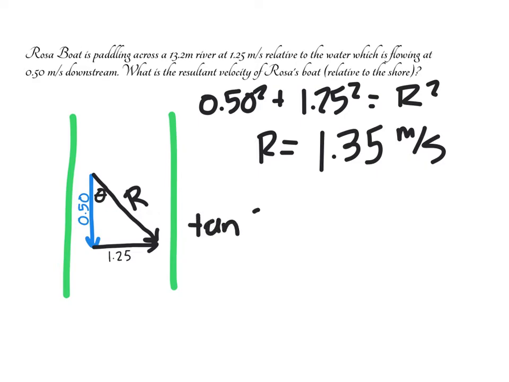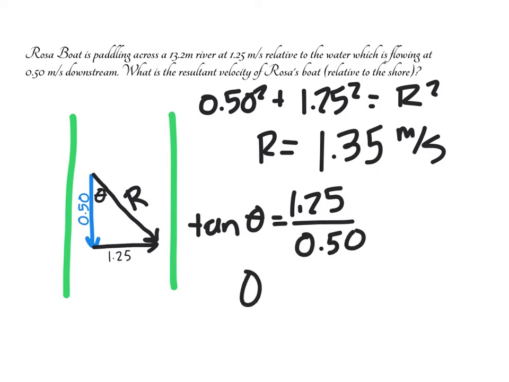You could use sine, cosine, or tangent. It doesn't really matter. Tangent would be opposite, 1.25 over 0.5. So I do the inverse tangent to get rid of that tangent on there, and the angle is 68.2 degrees.